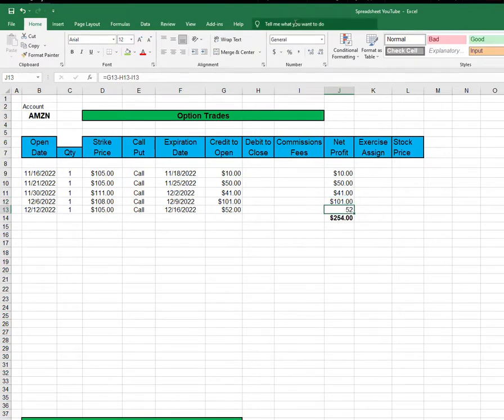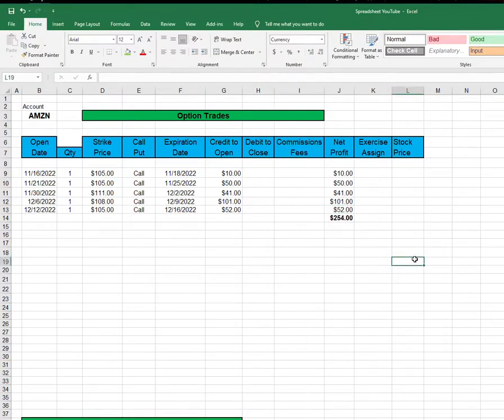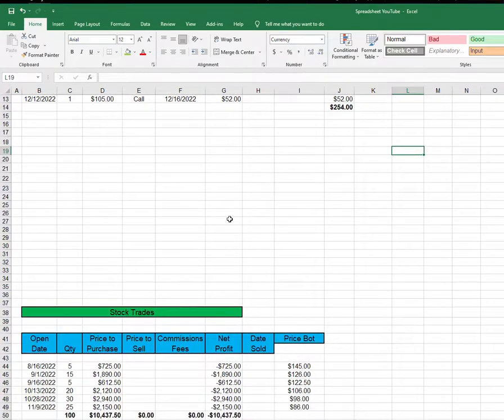That didn't come up as currency, so we'll change that. So we've taken in $254 of premium. So we've collected a little bit of a dividend on a non-dividend paying stock each week. We've taken in $254 in call premium, and we got called away this week.